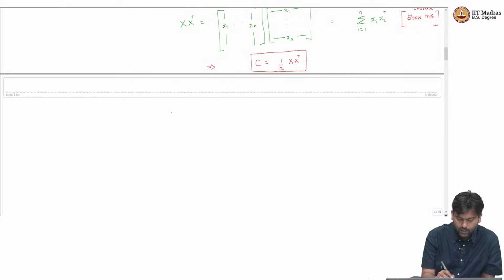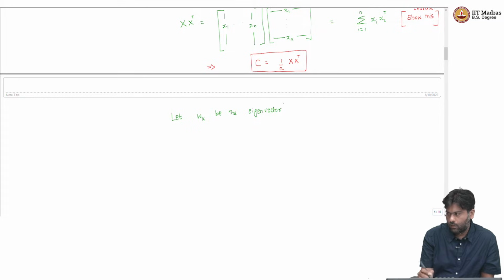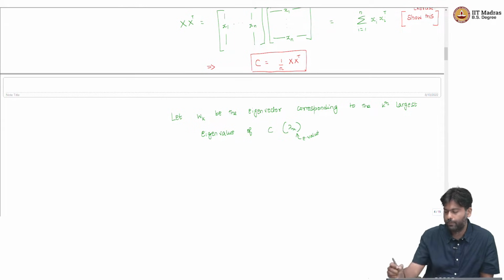So, let us say wk be the eigenvector corresponding to the kth largest eigenvalue of C, and let us call this eigenvalue lambda k.